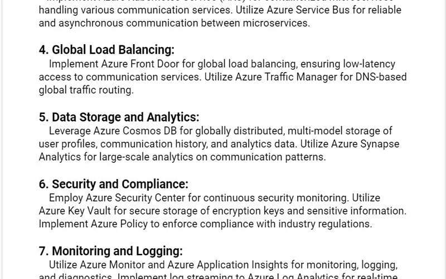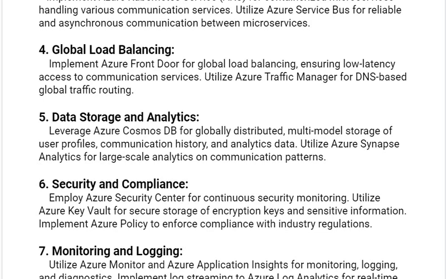Next solution is data storage and analytics. Leverage Azure Cosmos DB for globally distributed multi-model storage of user profiles, communication history, and analytics data. Utilize Azure Synapse Analytics for large-scale analytics on communication patterns.